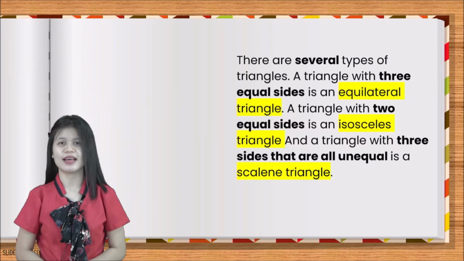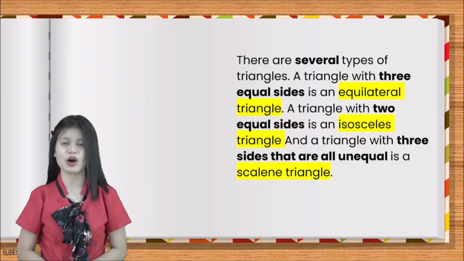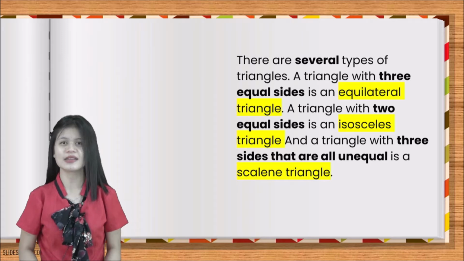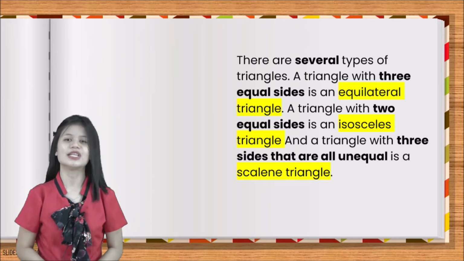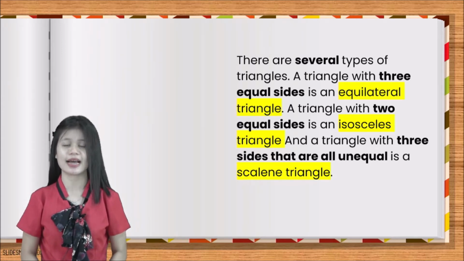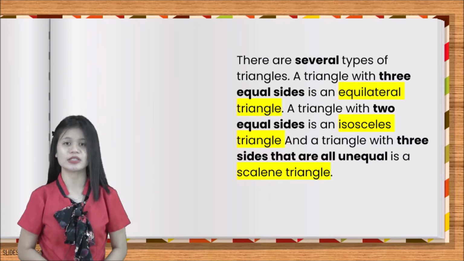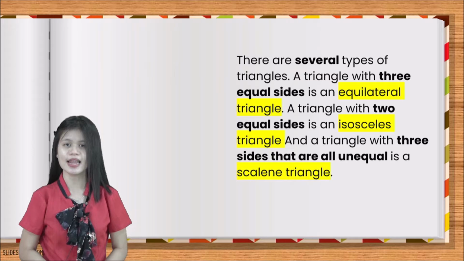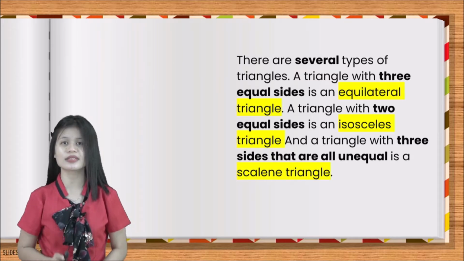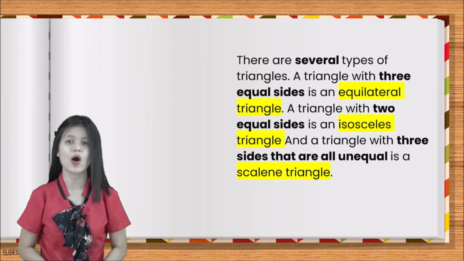Do you know that there are several types of triangles? When we say several, many, various. A triangle with 3 equal sides, remember, is an equilateral triangle. Again, 3 equal sides. So all of the sides of the triangle are equal.